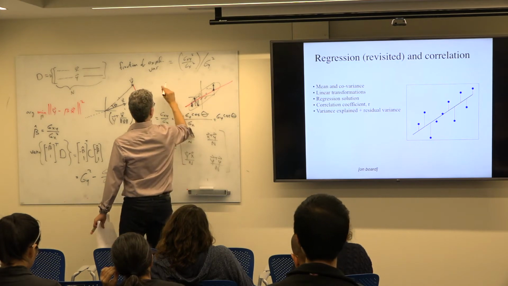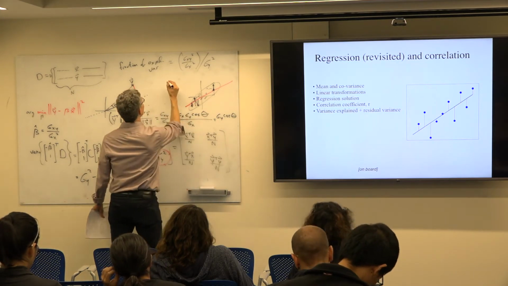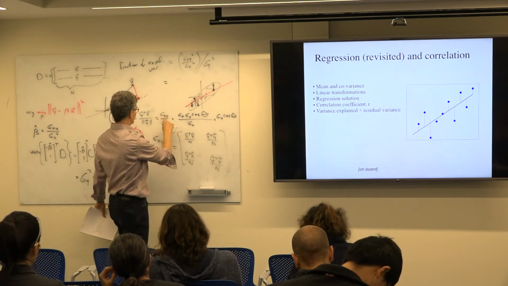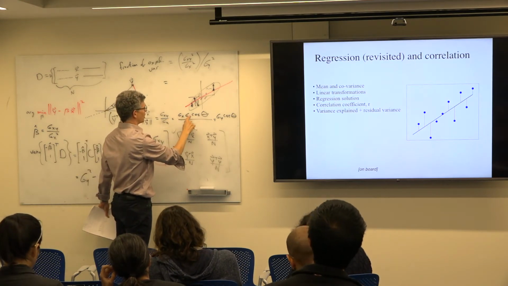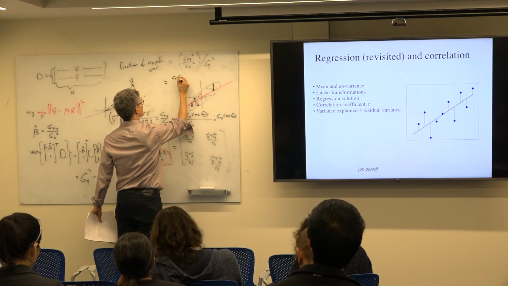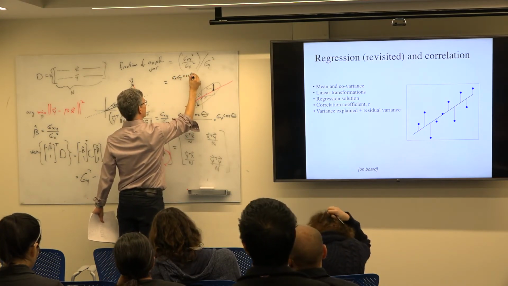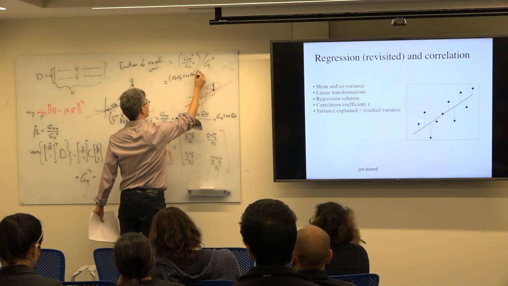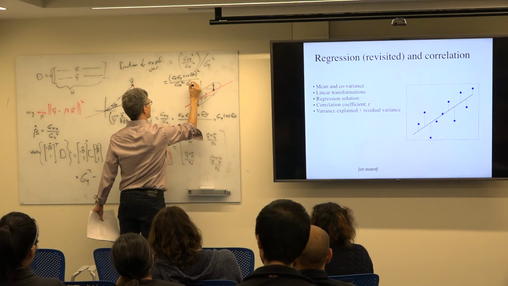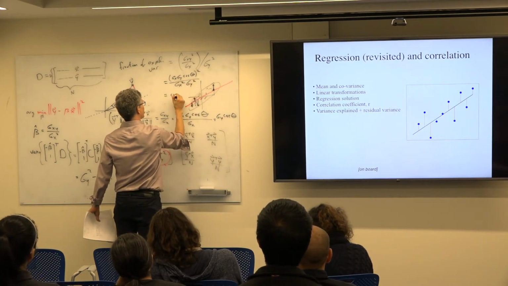Right? And what is that? Well, sigma xy, we just wrote it, is sigma x times sigma y times the cosine of theta. Sigma x, sigma y, cos theta, and we're squaring it. And then we divide that by sigma x squared, and we divide it by sigma y squared, and this whole thing is just cosine squared of theta.